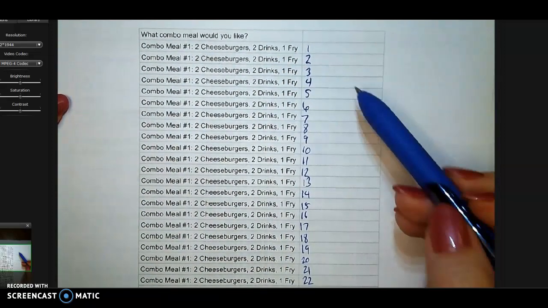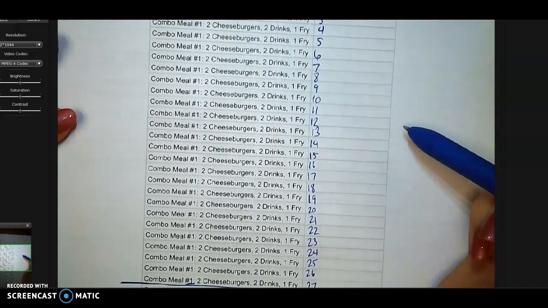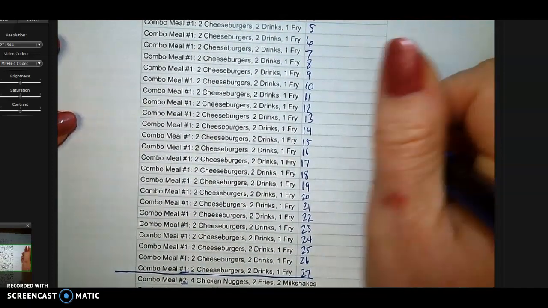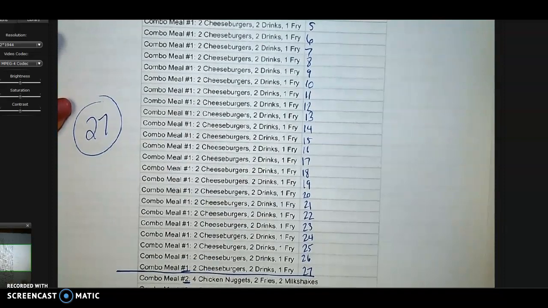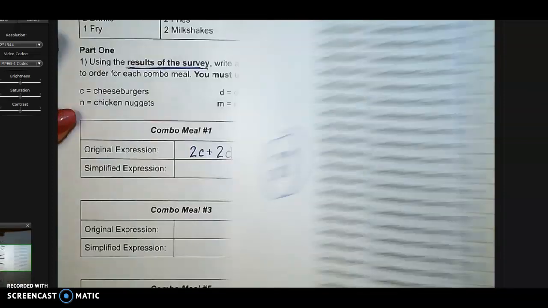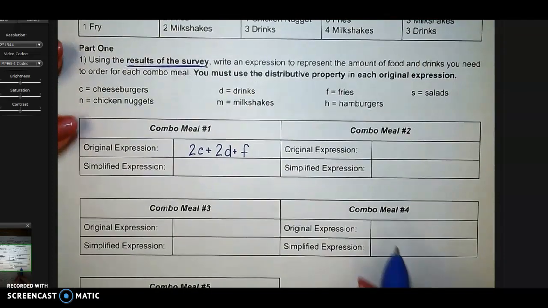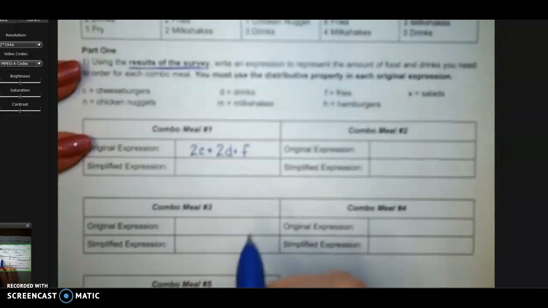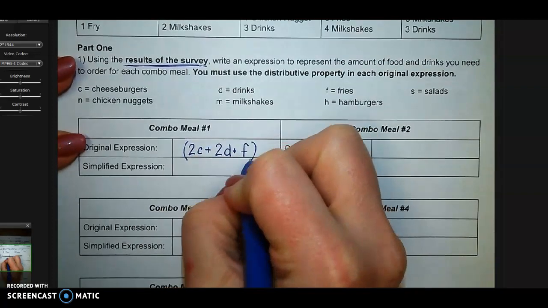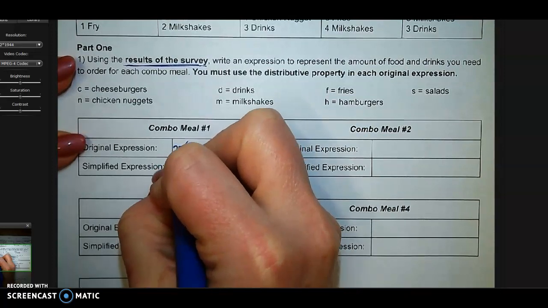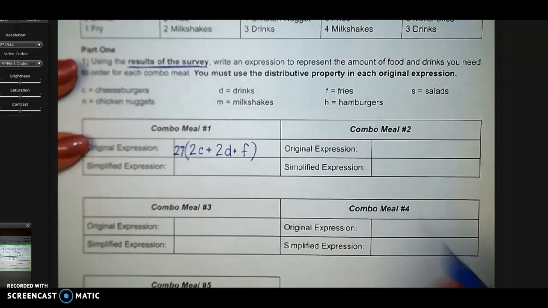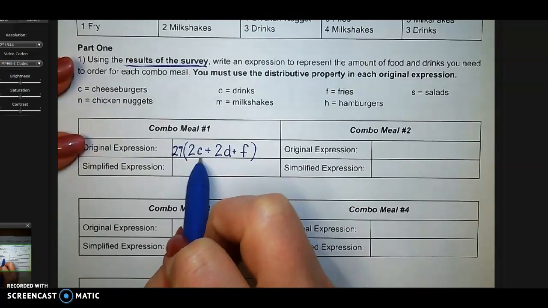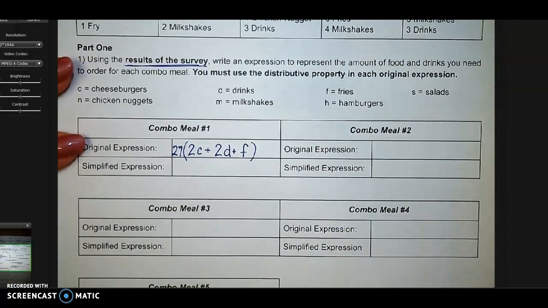To save time, I just paused that, but you can see that there are 27 number 1 combo meals. So I take that 27, and that means that I need 27 of these combo meals. So I'm going to multiply this by 27, because this is 1 combo meal right here, but I need 27 of them.